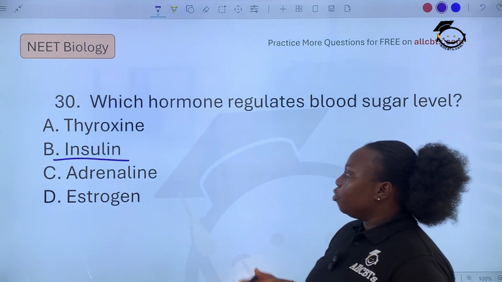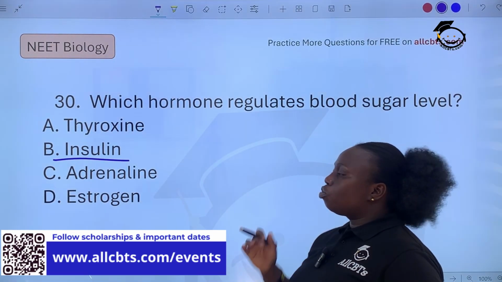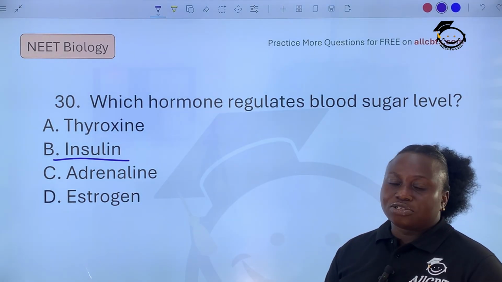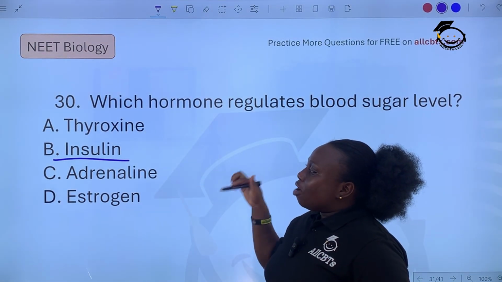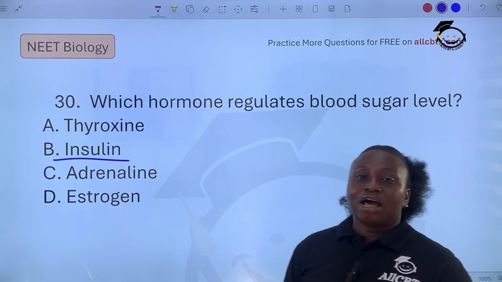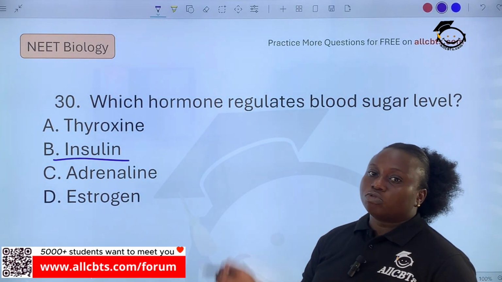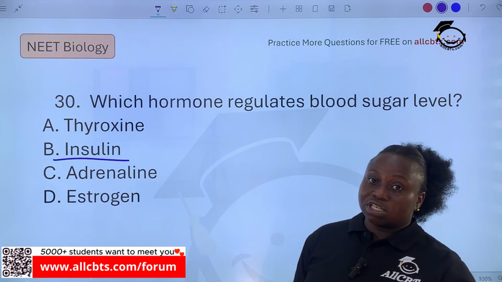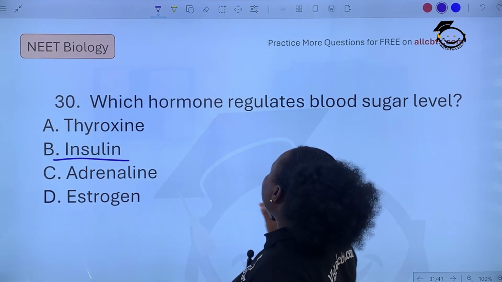So it will be converted from glucose to glycogen and stored in the liver. What allows it to be converted to glycogen is insulin. Without insulin, glucose will not be converted to glycogen, and that is what causes diabetes. So our answer is option B, the one that regulates blood sugar level.